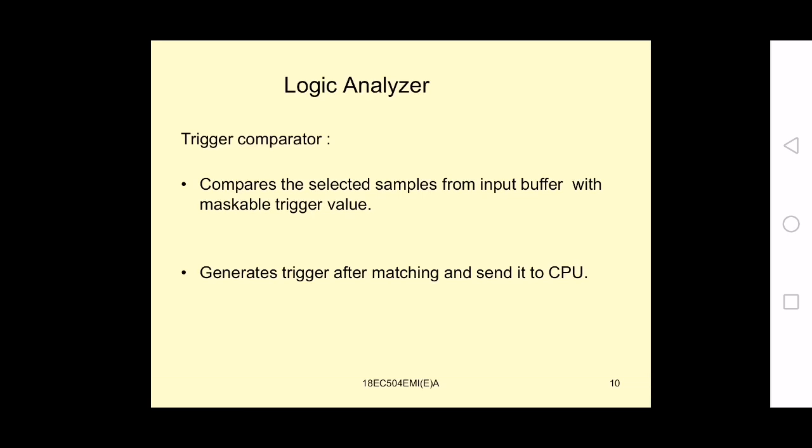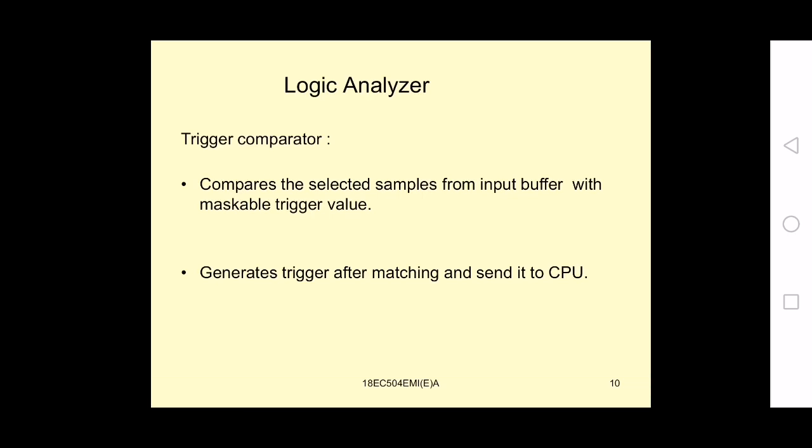Then you have the trigger comparator. This trigger comparator block compares the selected samples from the input buffer with the maskable trigger value. Whatever samples come from the input buffer are compared with the maskable trigger value that is already set.